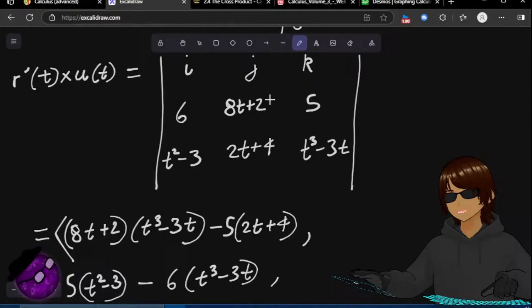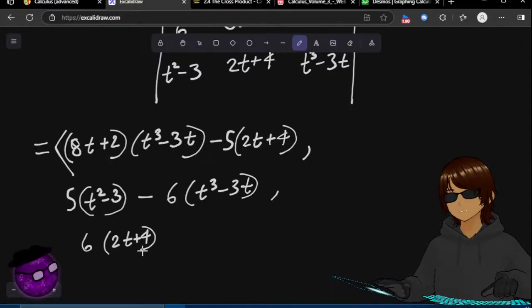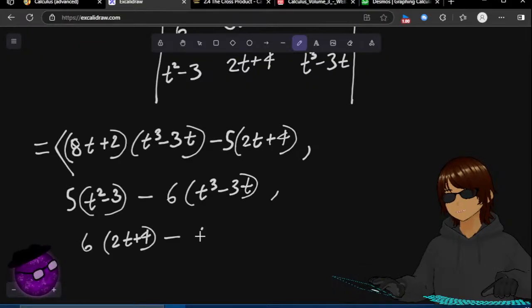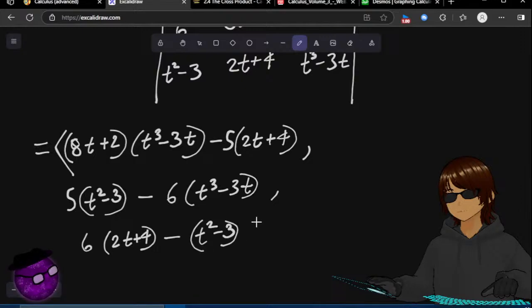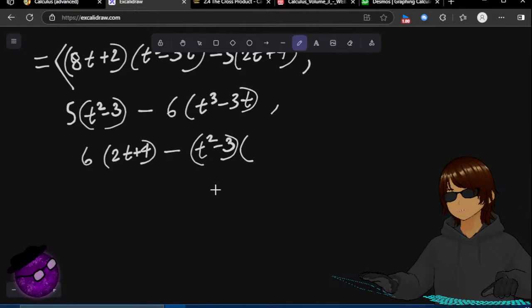And then for the k part, 6 times 2t plus 4 minus t square minus 3 times 8t plus 2.